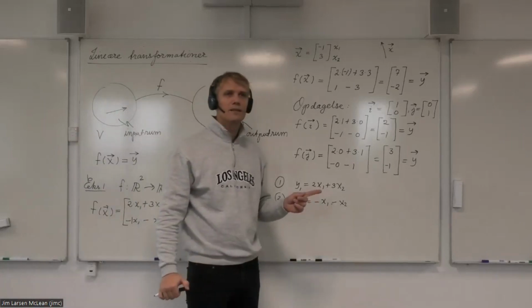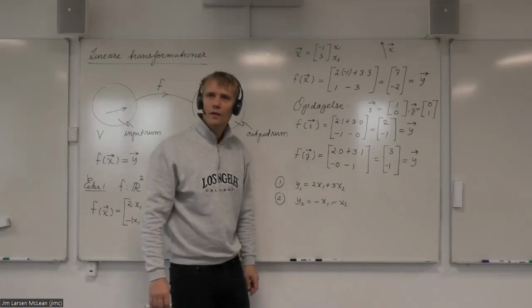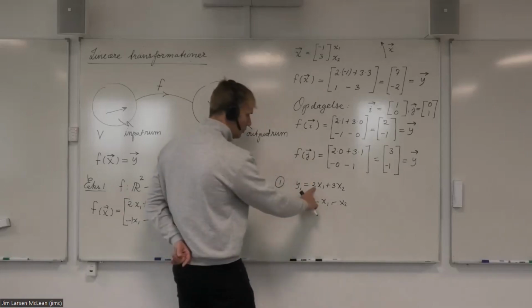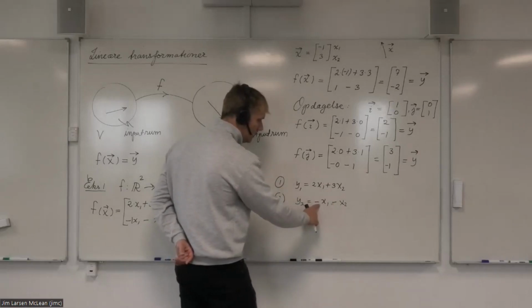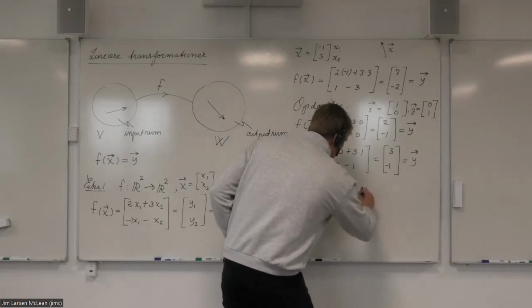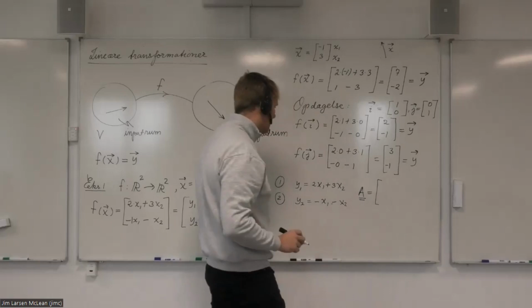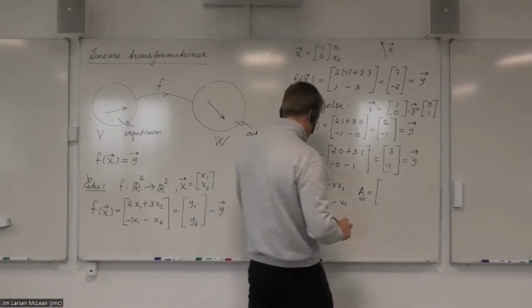It is said that there is a coefficient matrix that contains the coefficients of the equation system. And where are they now located? Well, they are right here: 2, 3, minus 1, minus 1. So our coefficient matrix looks like this. It's a collection of those coefficients, right? So it's 2, 3, minus 1, minus 1.